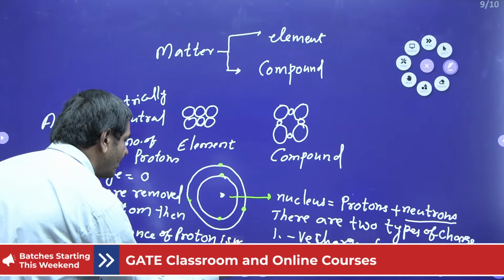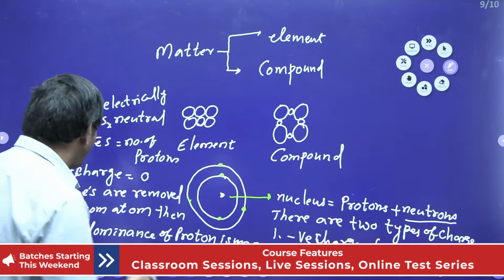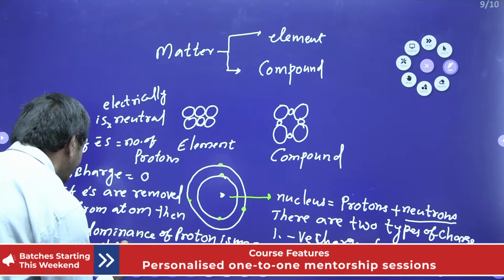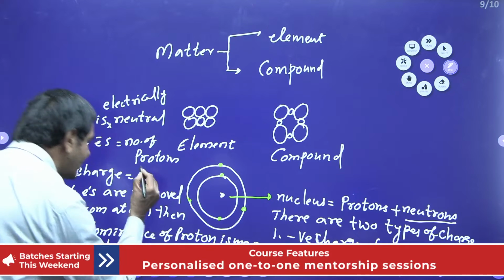Whenever the dominance of protons is more, we can say the net charge is always greater than 0.